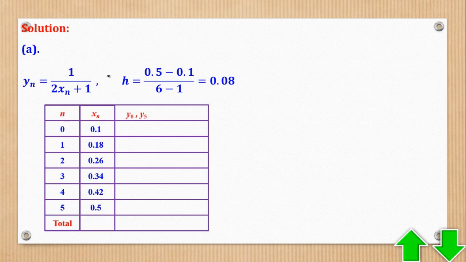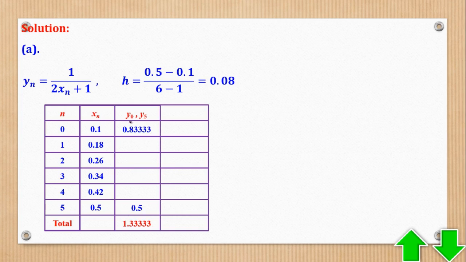The next will be the extreme ordinates, the first and last. So the first one will be this. When x is this, substitute to get y0, and when x is this, substitute to get y5. Then you add these two to come up with that.